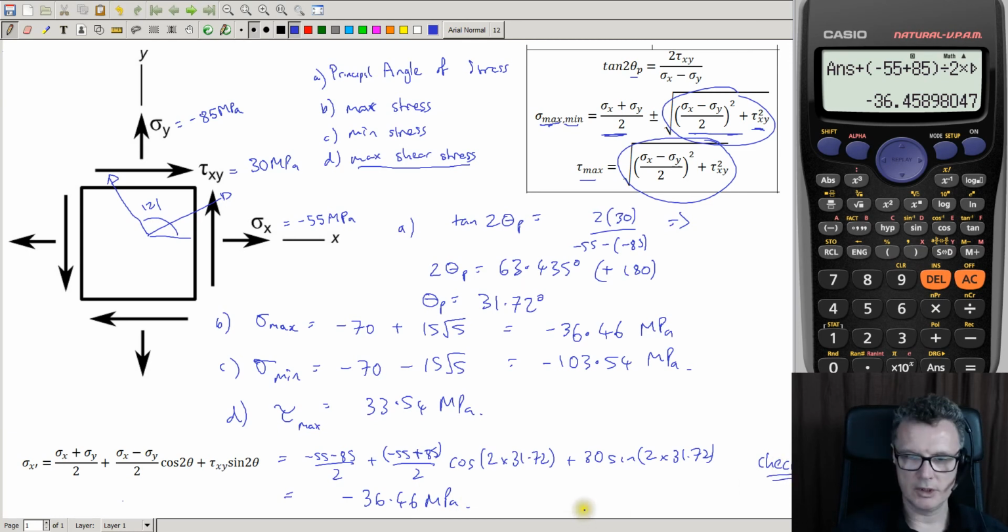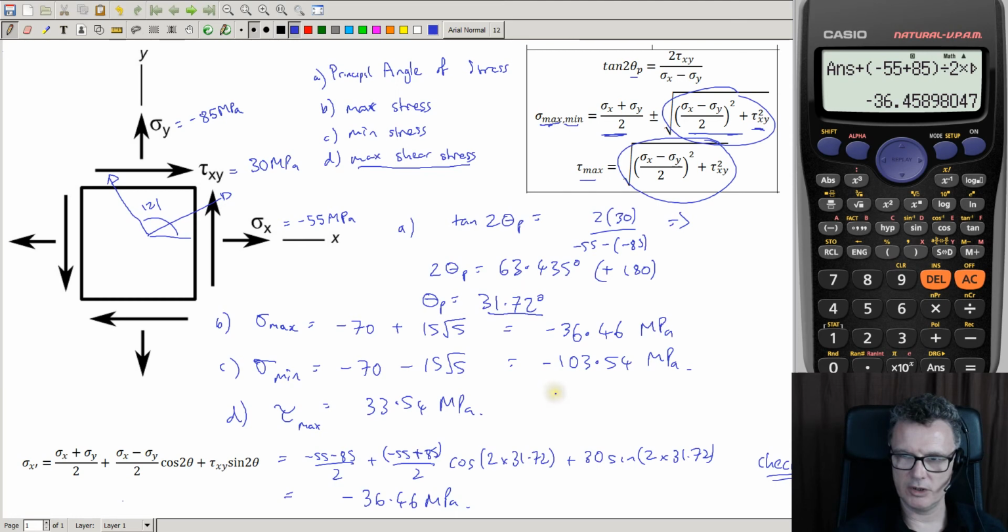So if I rotate it by the 31.72 degrees anti-clockwise, I'll be pointing at my principal angle stress, and I will get those values.